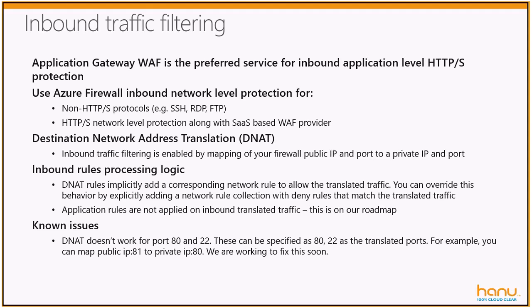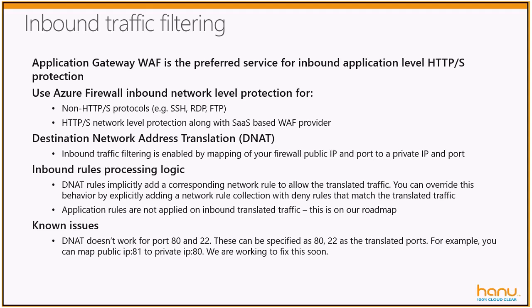We'll create a UDR, user defined route, from the virtual machine to Azure Firewall, and with the Azure Firewall's public IP we'll access the virtual machine, and we can take RDP with the Azure Firewall's public IP. While we are doing that, we can restrict it anytime.